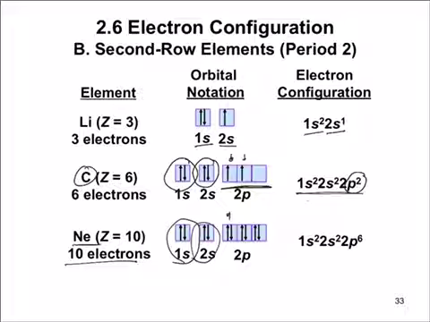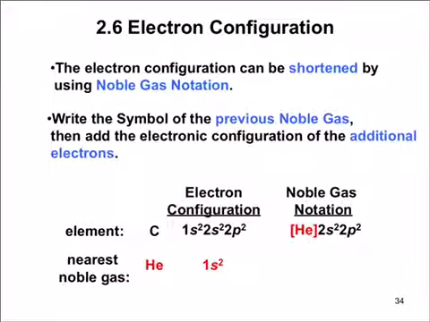I would half fill the 2p's before I came back and paired them up. So 1s2, 2s2, 2p6. Now notice, this is not saying that there are 6 electrons in a single p orbital. We have to remember that we've got 3 p orbitals, each holding 2 electrons.